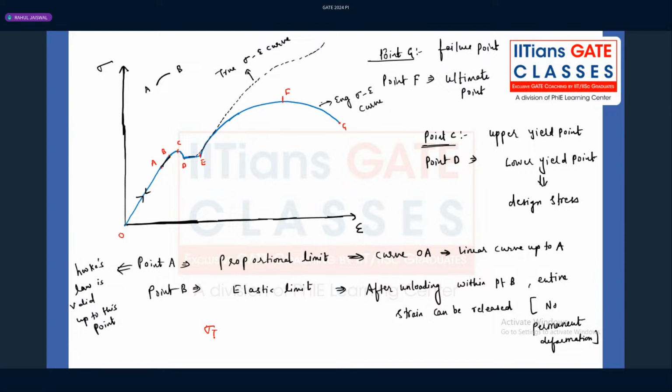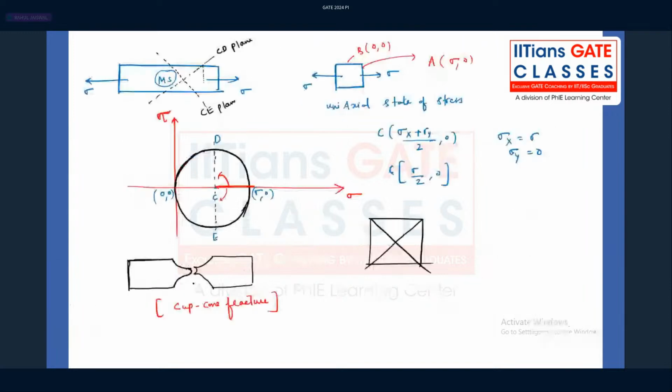If you try to write true stress, you can just complete this particular part, then we can discuss.